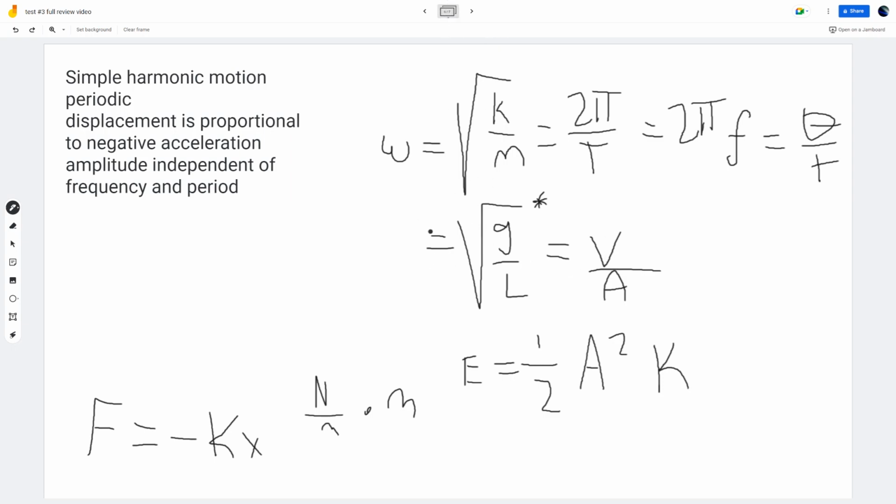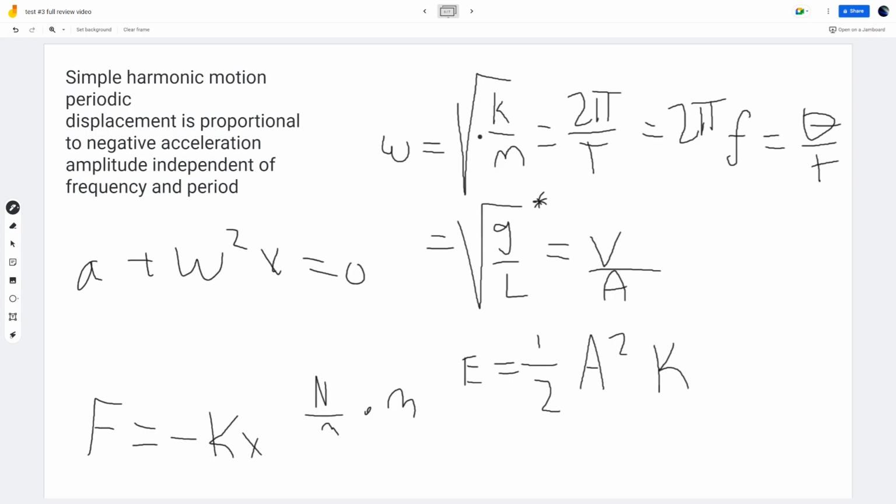Yeah. In terms of simple harmonic motion, I think that is basically it for that, other than derivations and stuff. There's nothing really that crazy, I'd say, about that. Maybe also you'd want to know the equation a plus omega squared x equals 0.